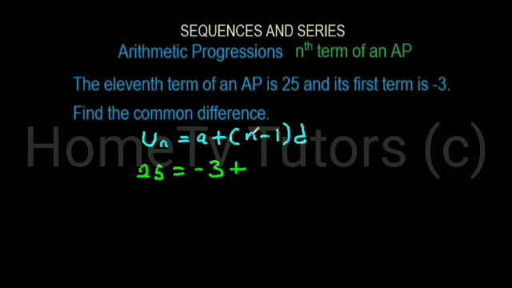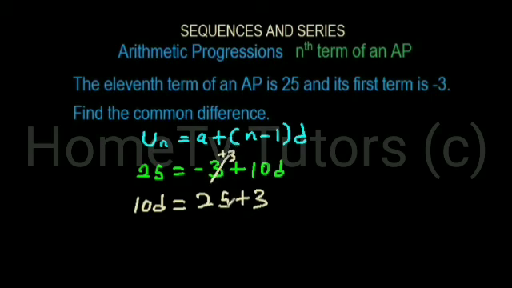Then 11 minus 1 is 10, times D, we have 10D. So we go ahead to add 3 to both sides of the equation, and write D on the left hand side. We have 25 plus 3, and the minus 3 will be gone, which gives us 28.